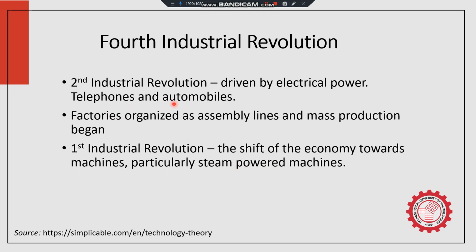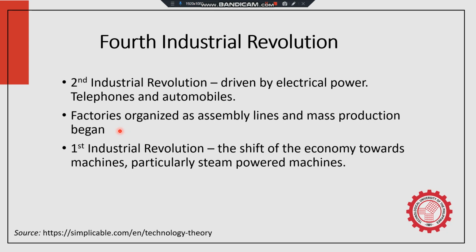The second industrial revolution is driven by electric power, the telephone, and automobiles. So, factories organized as assembly lines and mass production began during the second industrial revolution. So, when I was in third year college na I underwent SIT, or on-the-job training, okay?